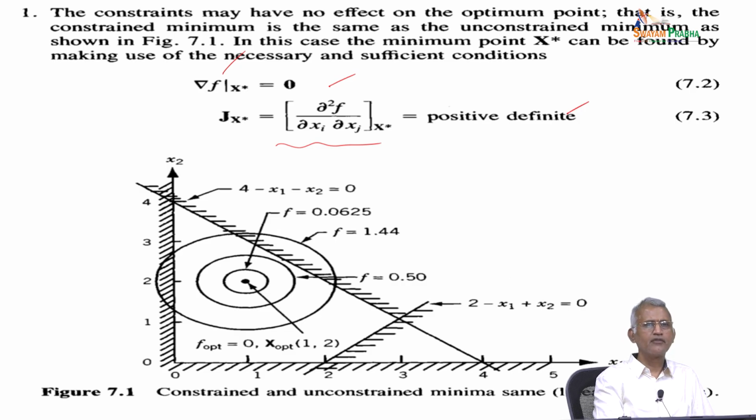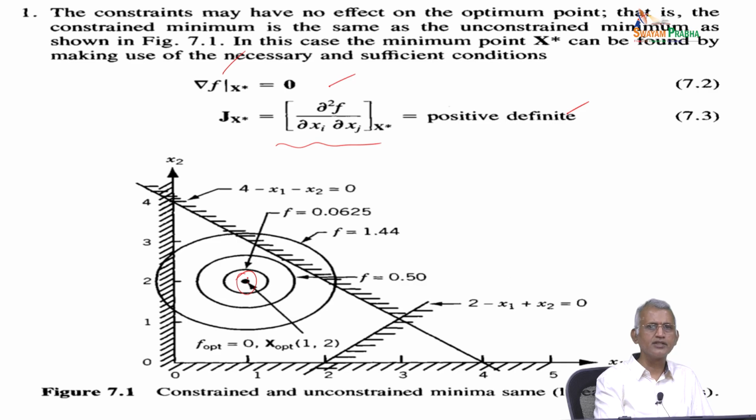Here the figure represents the constrained and unconstrained minima being the same. So, using the gradient descent method of searching, the value converges, and check where the optimum is. So, f optimum equals 0, and x optimum is (1, 2).